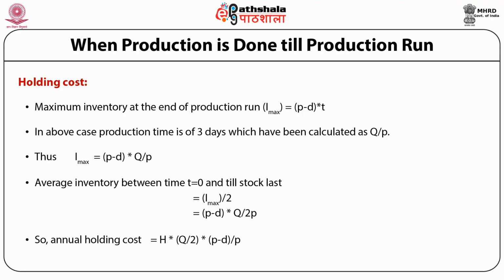So annual holding cost equals H into Q upon 2 into P minus d upon P.